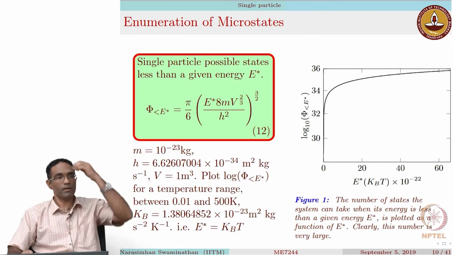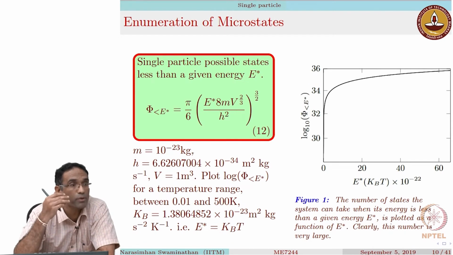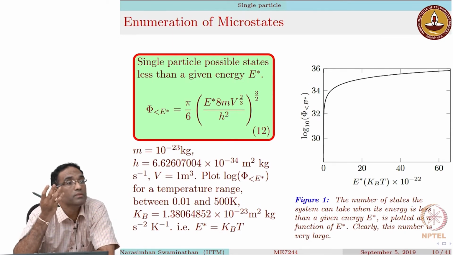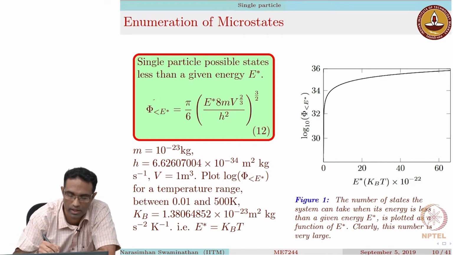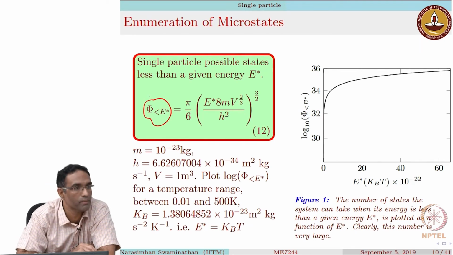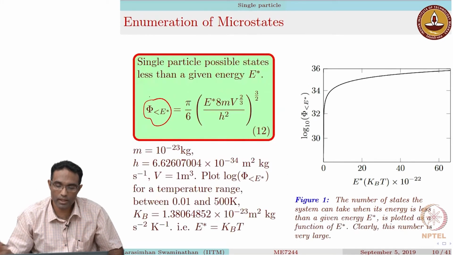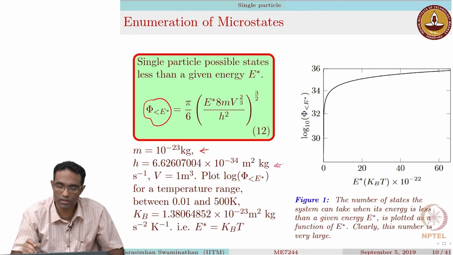Now let us see, any doubts, something confusing, or is it okay? Now before we proceed any further, let us try to see how many states, what is this total number phi for a given energy E star, like what is phi less than E star, this particular quantity right here that we just calculated. Okay, so I took m to be 10 to the power minus 23 kilograms. Okay, h is the Planck's constant, volume is about 1 meter cube.